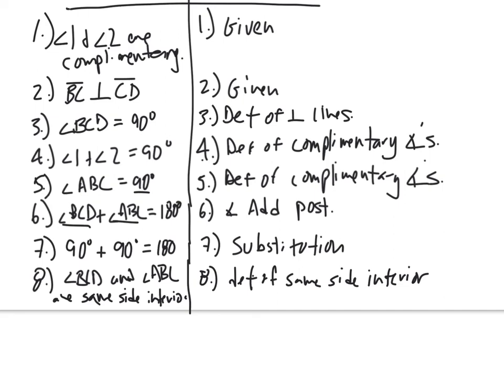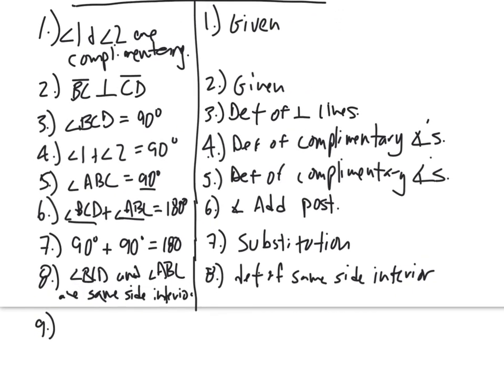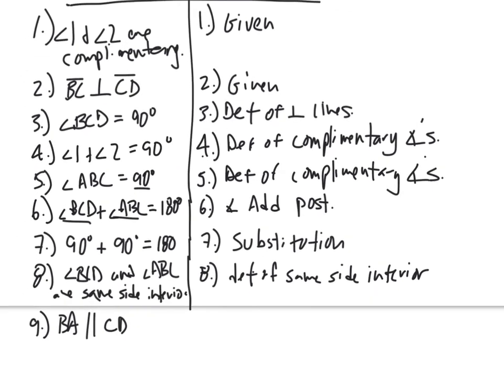Then in part 9, I can say if those are same side interior and they add up to 180 degrees, then I can state my proof statement that BA is parallel to CD. Is that what it was? Yeah, BA is parallel to CD.